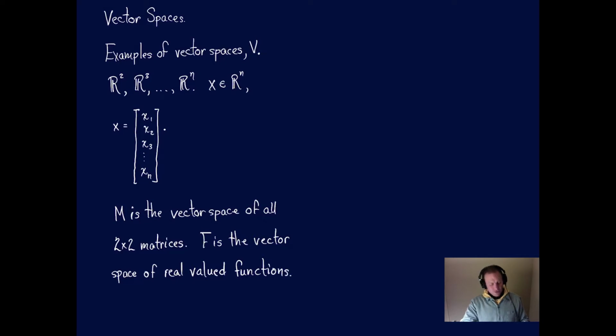And here, let's look at one more that might take you by surprise, and that is Z. We're going to use capital Z, not like the Z used for integers, but just a capital Z. And Z is the vector space of the zero vector.